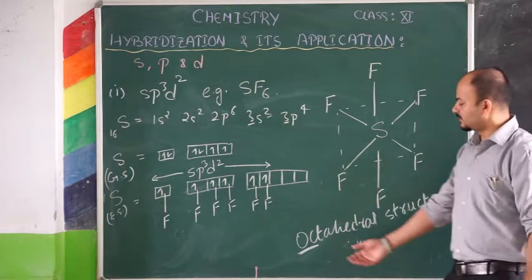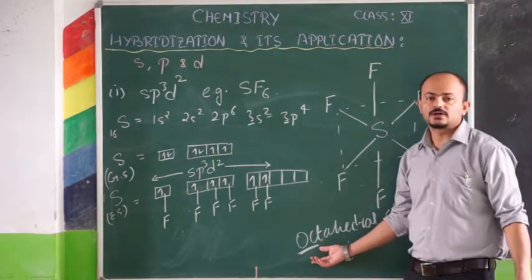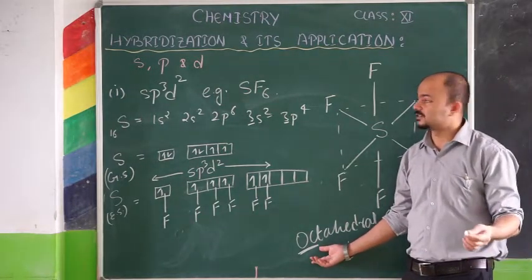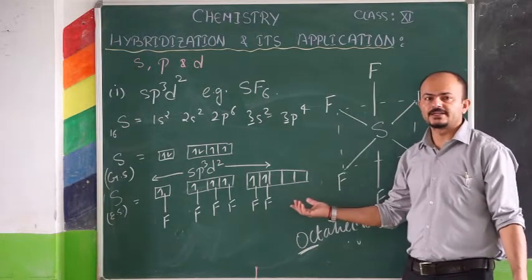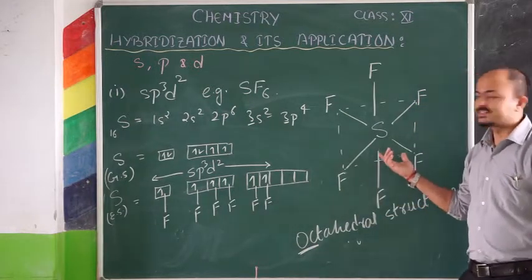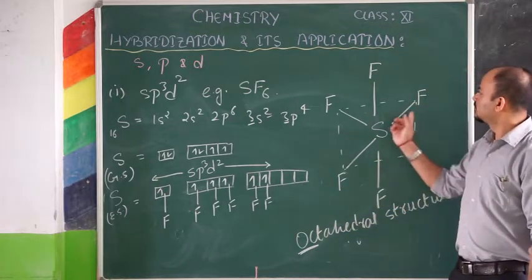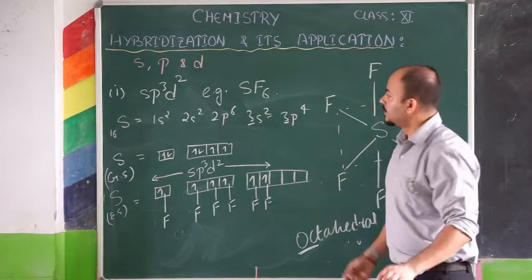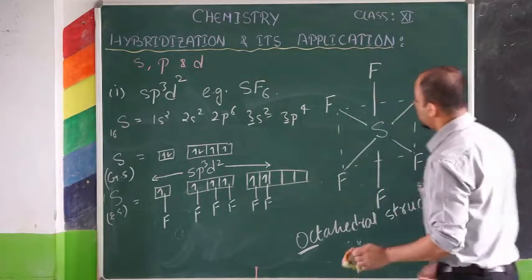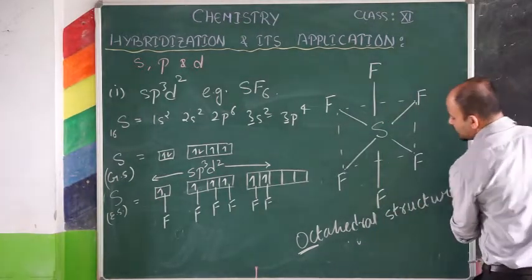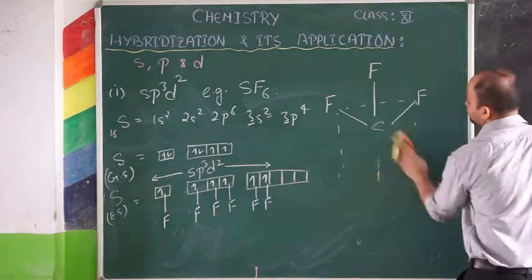In mathematics, whenever it comes to numbering, octa means 8, but never be confused. Whenever we are discussing hybridization and the geometry of molecules, octa means 6 bonds. Now let's discuss one more type of hybridization where d orbitals are involved.